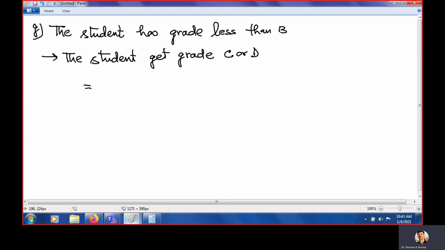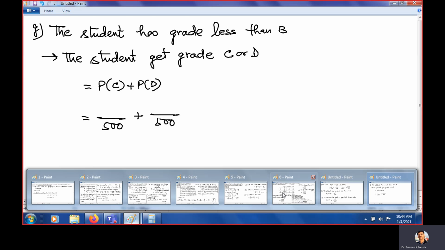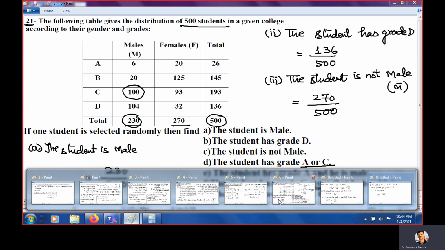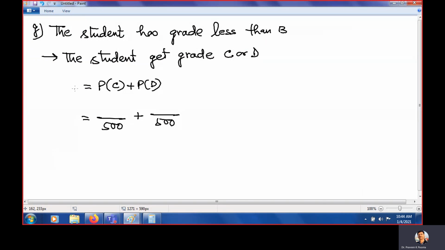Because he is having grade less than B. And that means probability of C plus probability of D. And it is upon 500, because it is not a given question. And it will be C and D: 193, 136. C is 193 and here is 136. And 6 plus 3, 9, 9 and 3, 12, 1. 329 upon 500.